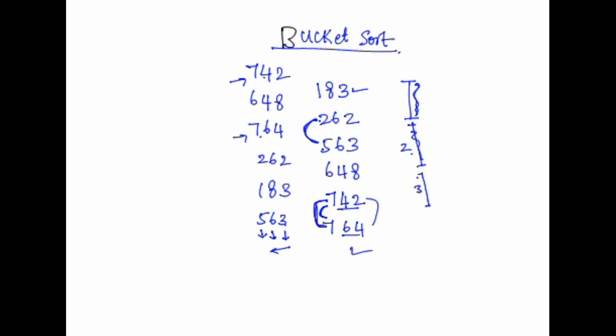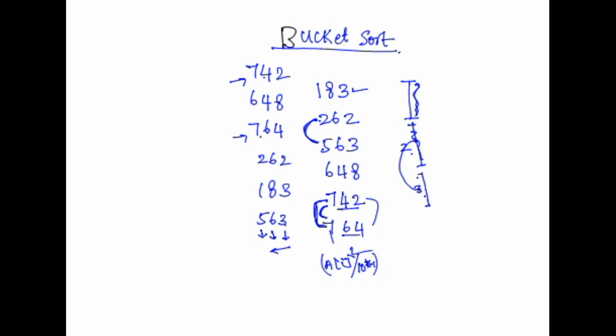I am assuming that all the numbers have the same number of digits, otherwise we are going to divide by 10 to the power k minus 1 if it is a k digit number, so that there is only one digit left. This number is anyway going to be smaller than this number, and anything which starts with 4, 5, 6 is anyway going to be larger than 3.